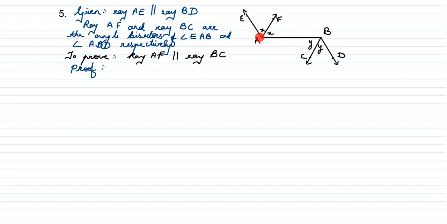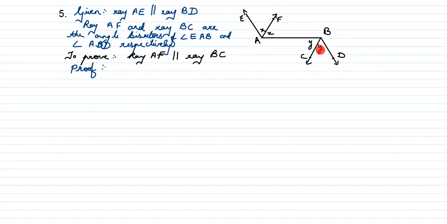Why? Because ray AF is the angle bisector of angle EAB, means it divides angle EAB into two equal parts. Similarly, ray BC is the angle bisector of angle ABD, means it divides the angle ABD into two equal parts. We have considered it as YY.